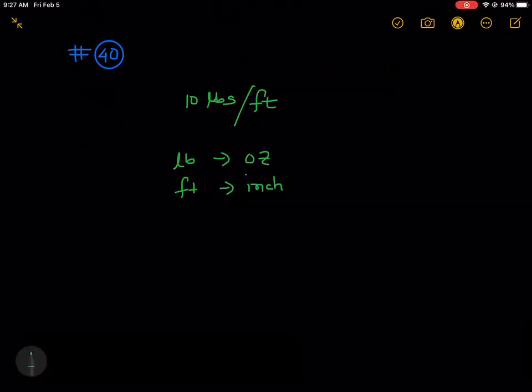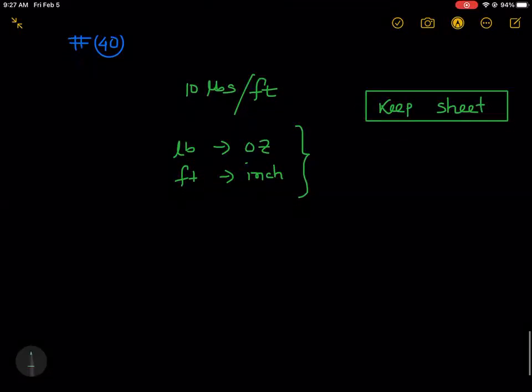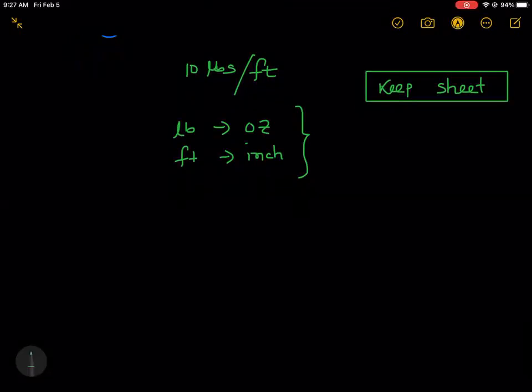We need to know this. Fortunately, as I said, you can keep a sheet of formulas and use that during your exam. So how should you go for it? What's the first thing that comes into your mind when you eyeball this problem?